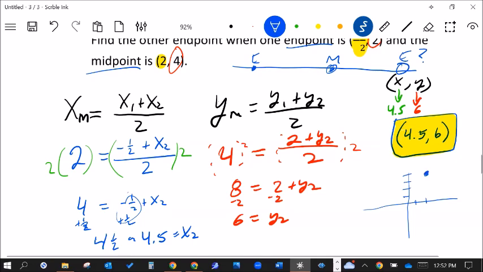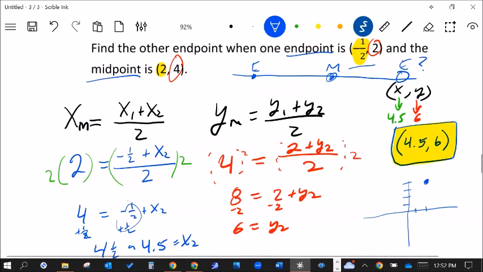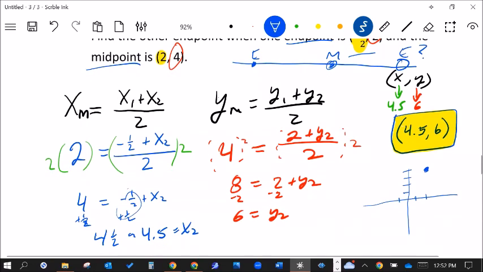The midpoint is here. The first endpoint is at -1/2 and +2, which is about here. That means that this is one endpoint, this is the midpoint. That means that this distance, you have to go further. And so this would be, we're hoping, about 4.5 and about 6.